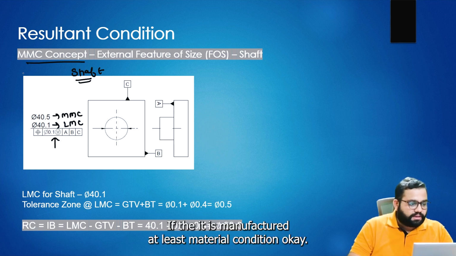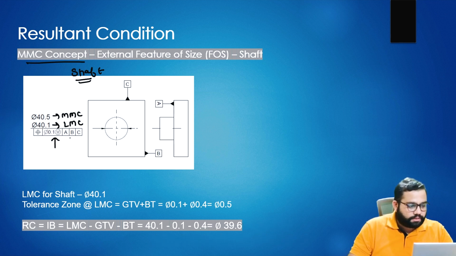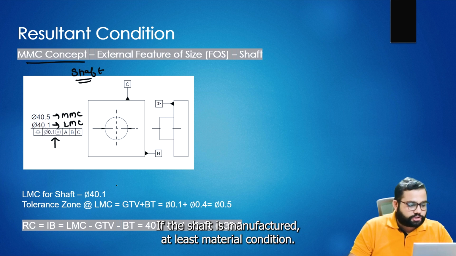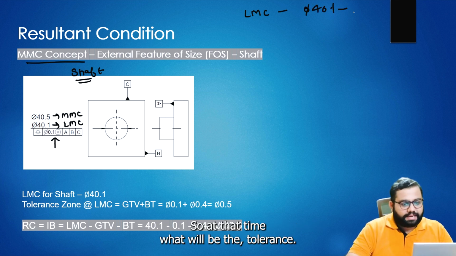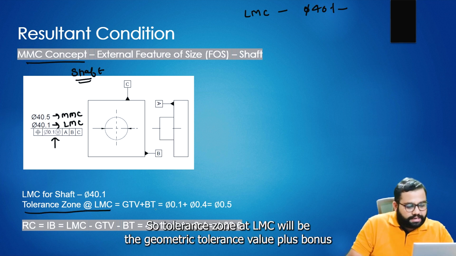If the shaft is manufactured at least material condition, the least material condition of the shaft is dia 40.1. At that time, what will be the tolerance zone? The tolerance zone at LMC will be the geometric tolerance value plus bonus tolerance.